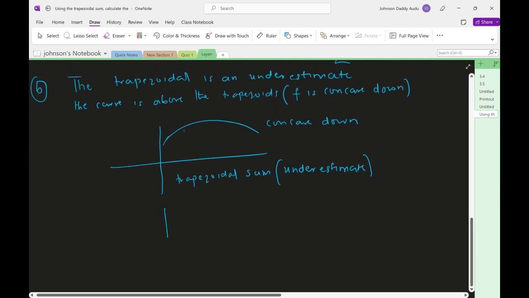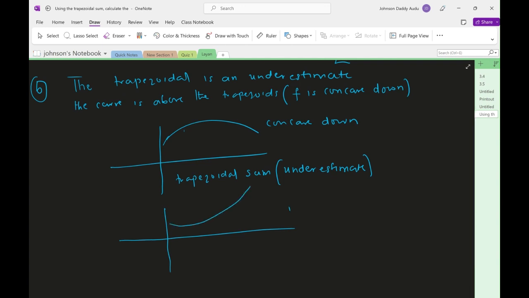But if you have the function to be concave up, for example, something like this, then the trapezoidal sum will be an overestimate. So take note of these two.